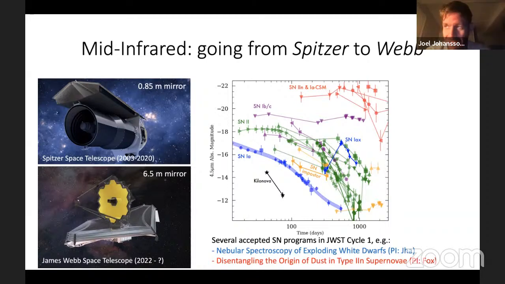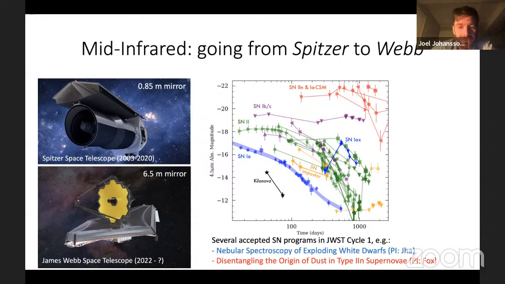So we got the first mid-infrared spectrum of a type 1a supernova with Webb. I think August 13th. But as I'm trying to indicate with this figure, I'm showing here the 4.5 micron absolute magnitude and the time scale in logarithmic units here on the x-axis.